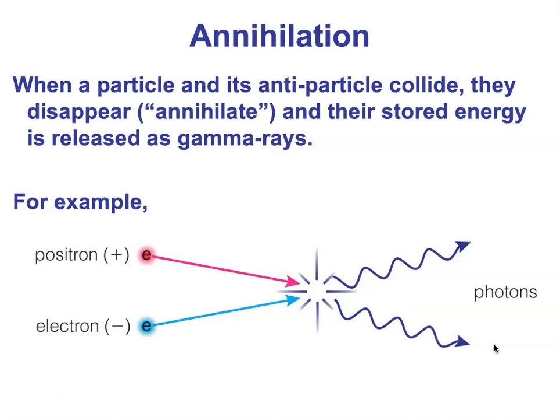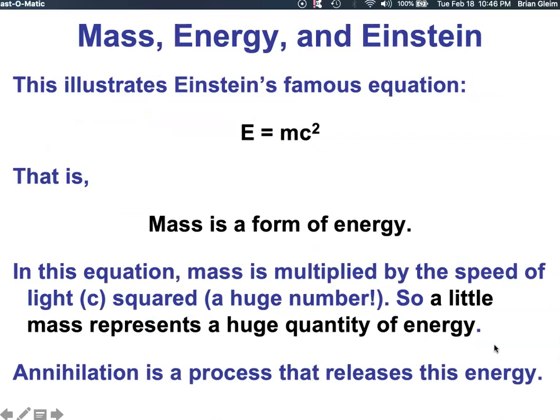How can that be? How can you have particles turn into just energy, light? Well, it turns out that one of the things that Einstein discovered with his theory of relativity is that mass is just another form of energy. That's what E equals mc squared means, Einstein's famous equation.